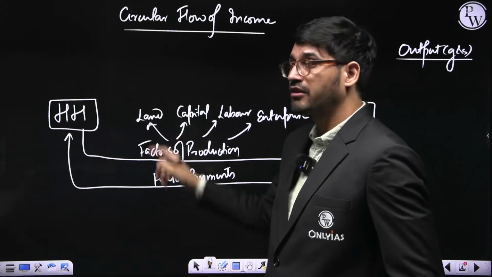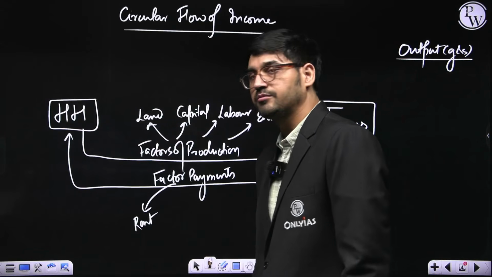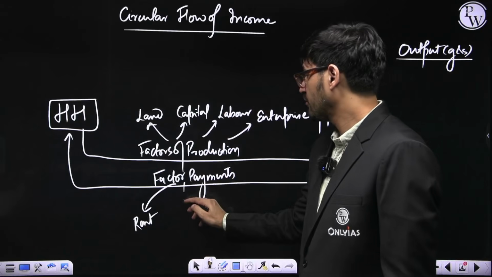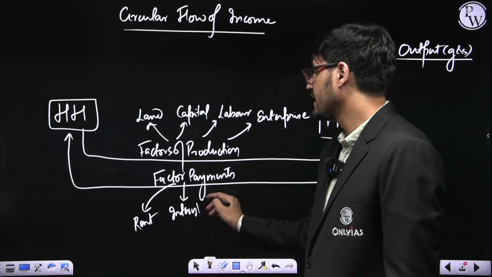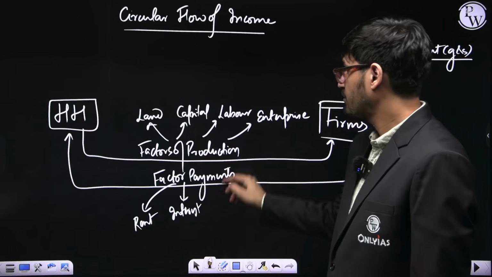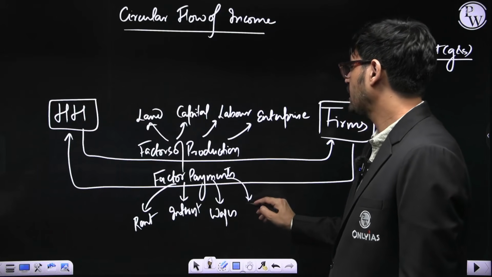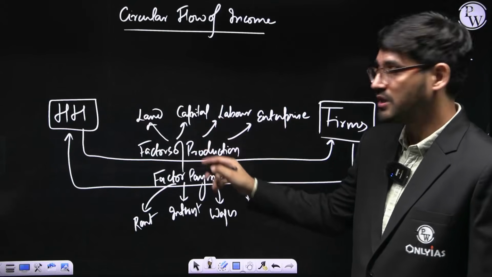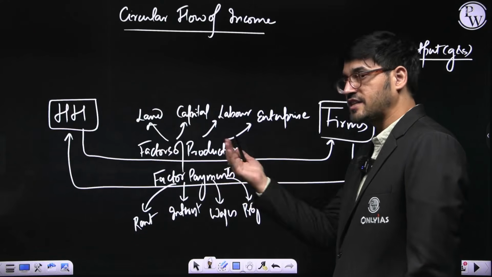The factor payment for land or natural resources is called rent. The factor payment for contributing capital is called interest. The factor payment for contributing labor is called wages, while the factor payment for contributing entrepreneurship is called profits. So understand it well.